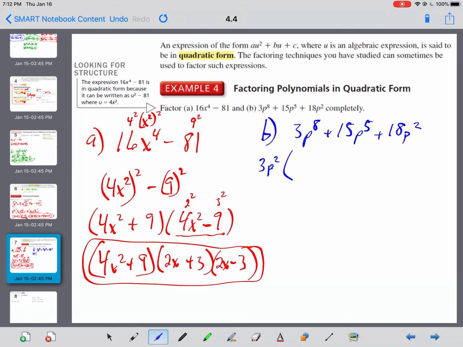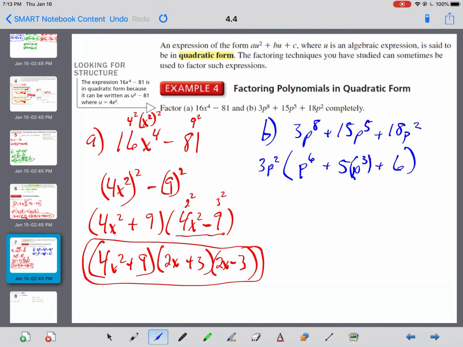That leaves me with p to the 6th plus 5p to the 3rd plus 6. Now, if it was p squared plus 5p plus 6, factors of 6 that add to 5 would be 2 and 3, and it's factorable. The problem is that it's p to the 6th. I need it to be squared, and the problem is p to the 3rd. I need it to be squared.